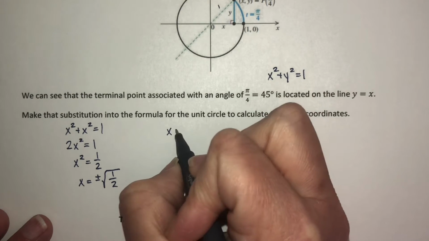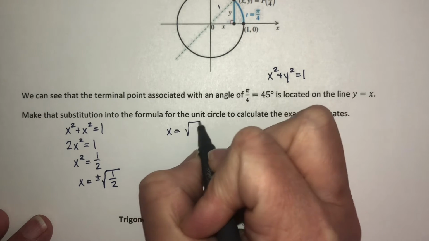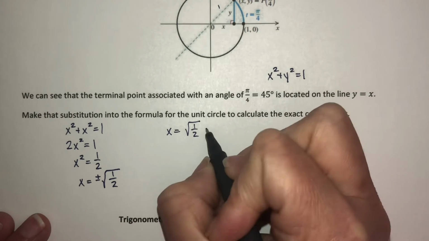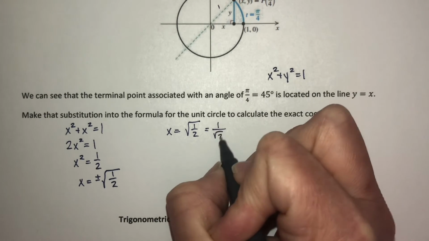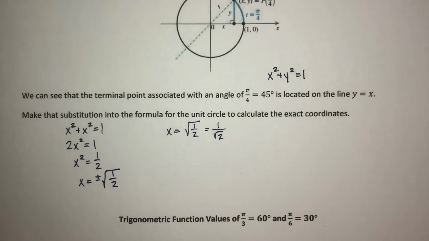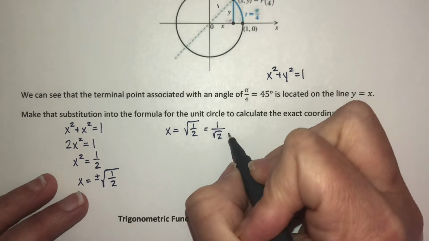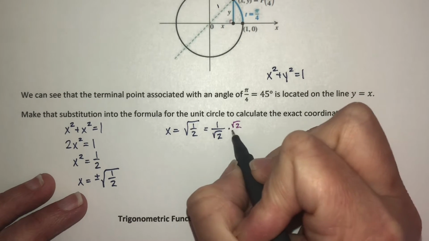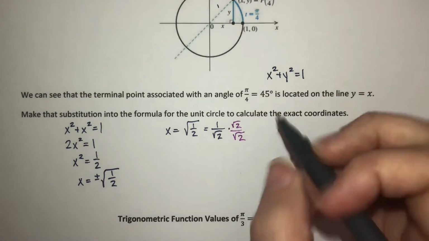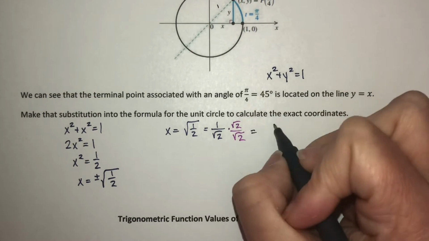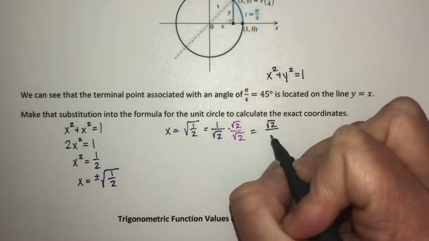So I'm mainly interested in x equal to the square root of 1/2. And that would be the square root of 1 over the square root of 2. And like we said, we rationalize these, and you get your x value is the square root of 2 over 2.